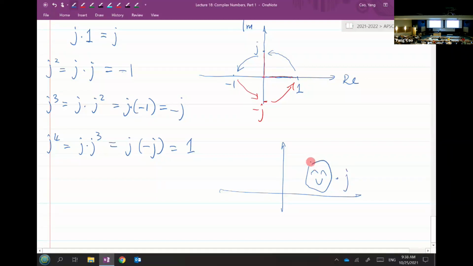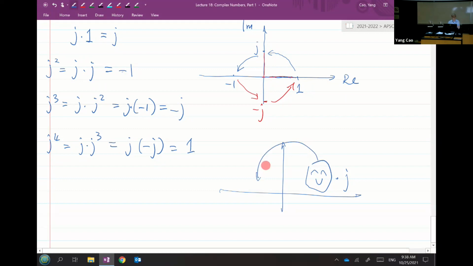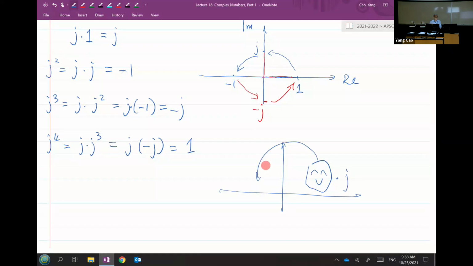It will rotate the image 90 degrees. So you can imagine how it's going to rotate, right? That's what j does here, basically. Whenever you multiply, you rotate 90 degrees.